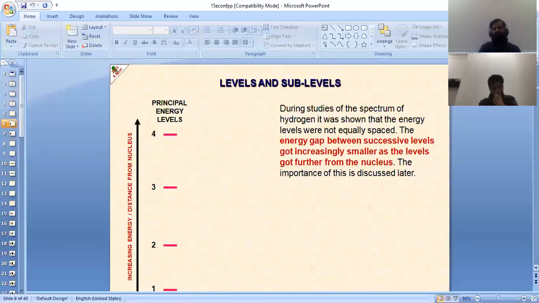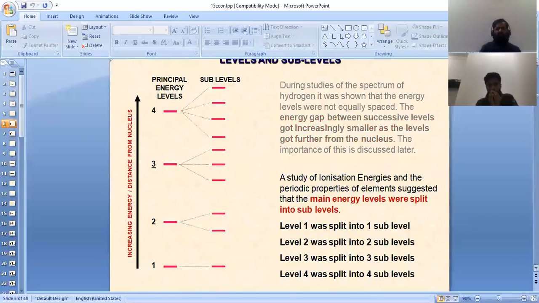The gaps between level 1 and 2, then 2 and 3, and 3 and 4 onwards got smaller as the levels got further. What does it mean? There will be more electrons, so more pulling and more shielding effect, so they come closer to each other and their gaps are smaller.